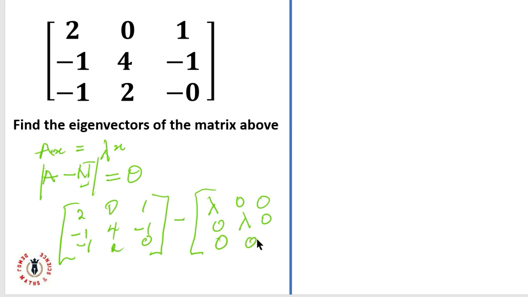Now here is 0, 0, and here is lambda. Obviously, the determinant of this is what we're looking for to make our characteristic equation.